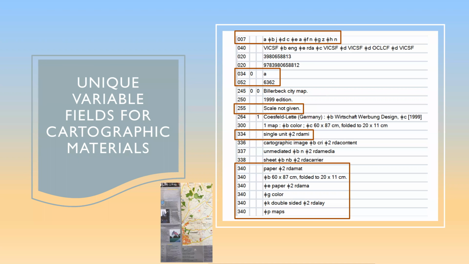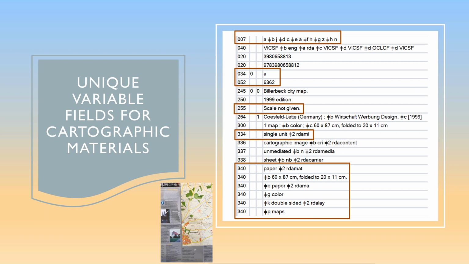The subfield E paper also really isn't, it's just what it is. And then in the 340G, we do have color, which is also in the 300. And the K is not in anything. That's just what it is.